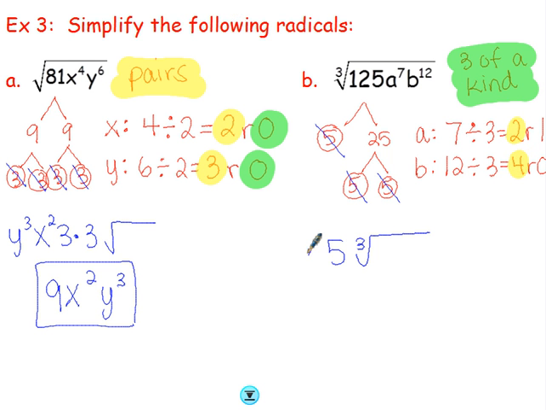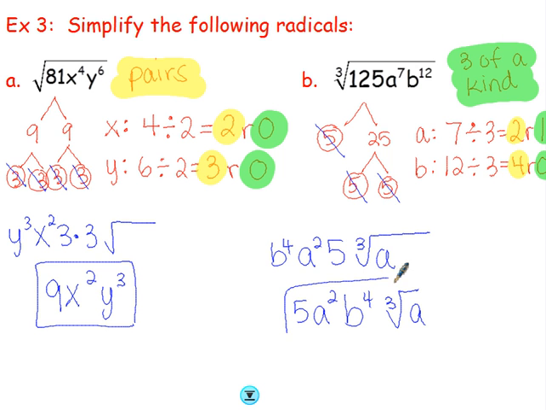There are 2 A's outside and 4 B's outside. The 1 and the 0 tell us that there is 1 A inside and 0 B's. So our final answer is 5A squared B to the 4th times the cube root of A.